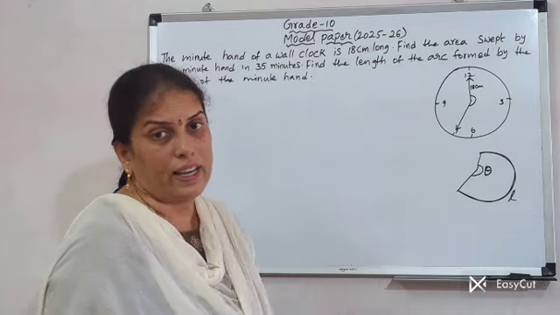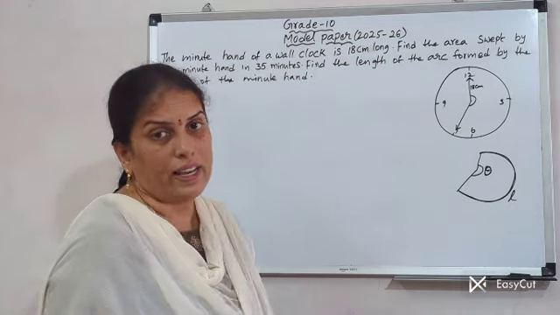In 60 minutes it moves 360 degrees. Okay. For 1 minute, how many degrees does it move? 360 by 60. Understood? For 1 minute, how many degrees is the long hand moving? 6 degrees it is moving.